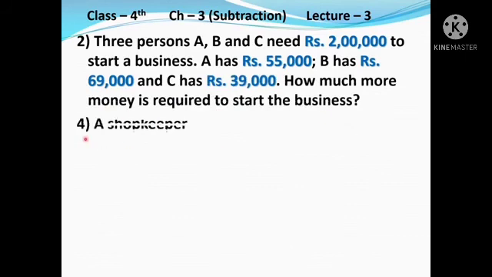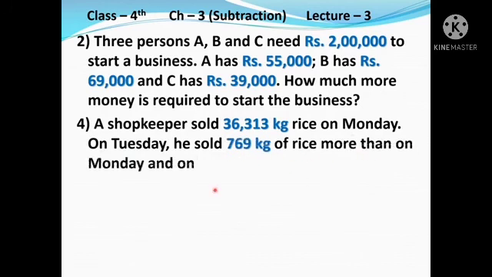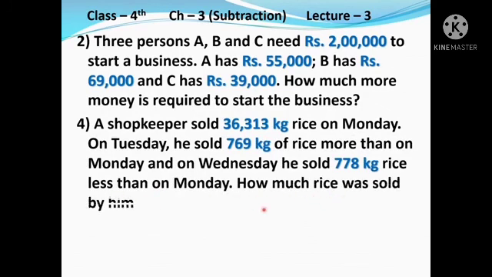Now, question 4. A shopkeeper sold 36,313 kilogram rice on Monday. On Tuesday, he sold 769 kilogram of rice more than on Monday, and on Wednesday, he sold 778 kilogram rice less than on Monday. How much rice was sold by him in 3 days?